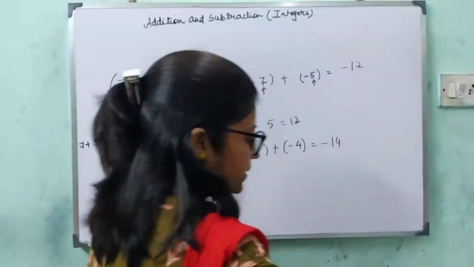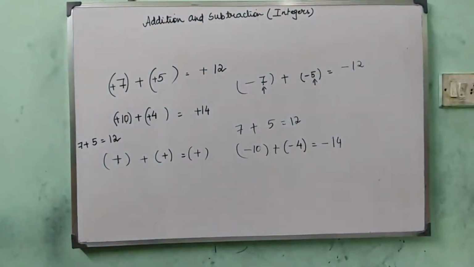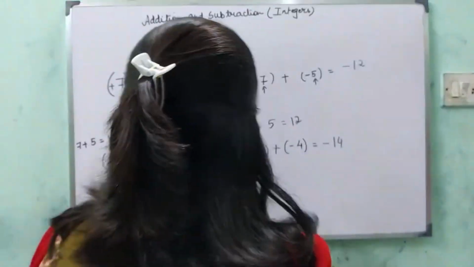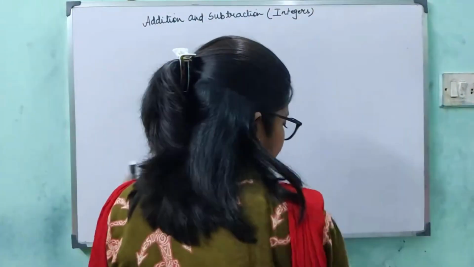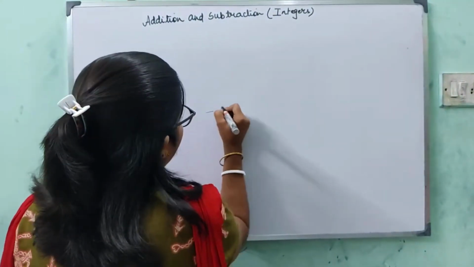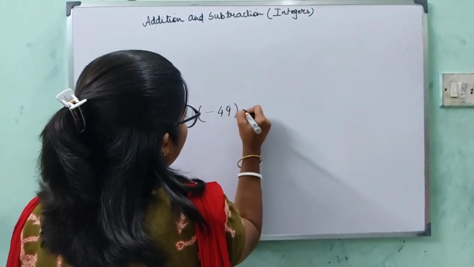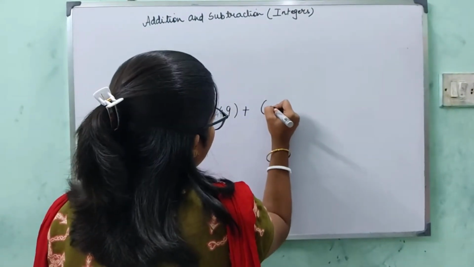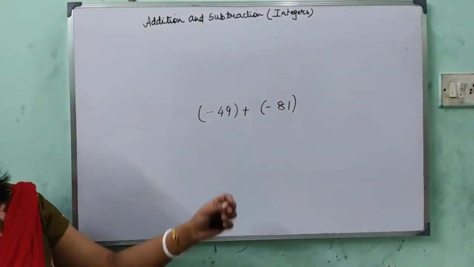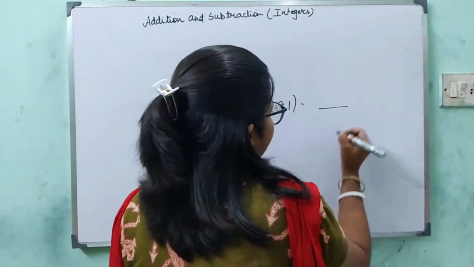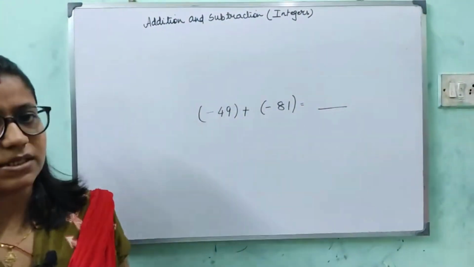Alright. Once again, a little more on this, more examples. Let's add minus 49 plus minus 81. If I say add these two, take some time. I am giving you this time. Take 5 seconds and think of this.